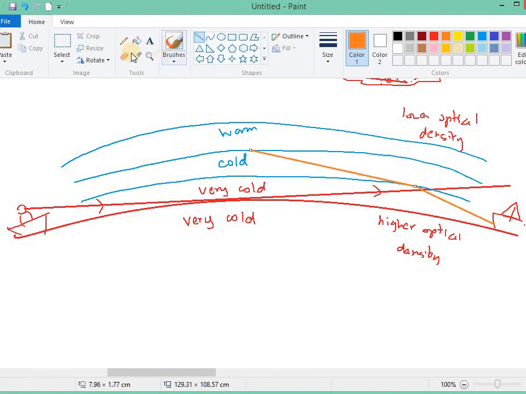So when you refract away from the normal, the angle becomes bigger than the critical angle.